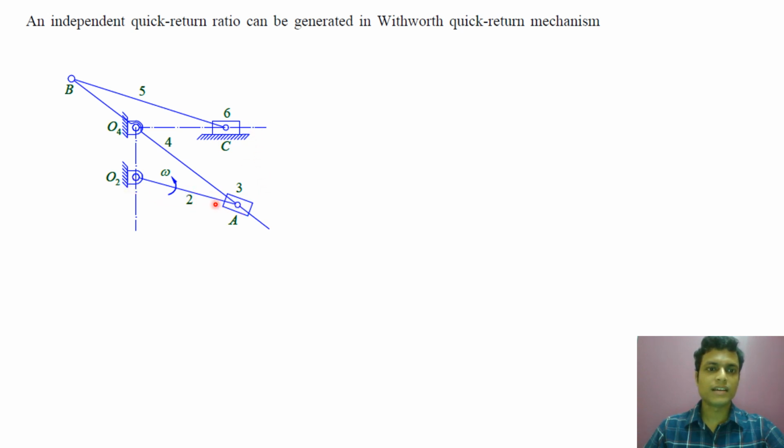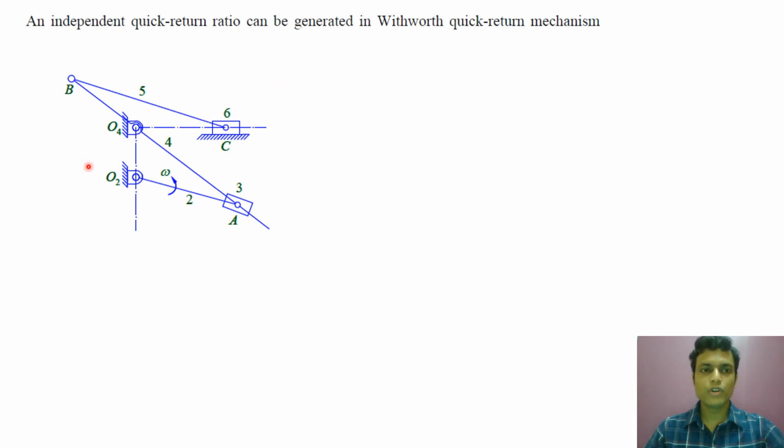O2A is the crank. This slider is link number 3. This is link number 4. BC is link number 5 and 6 is the slider. So this much information is sufficient for your GATE examination.